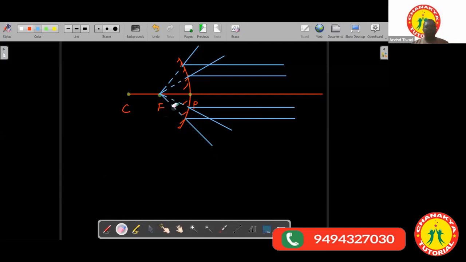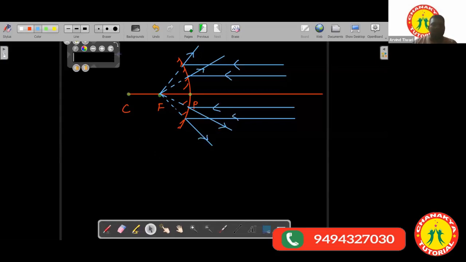So see, this is how the light rays appear to meet if the object is at infinity. Anyone having any doubt in this diagram?